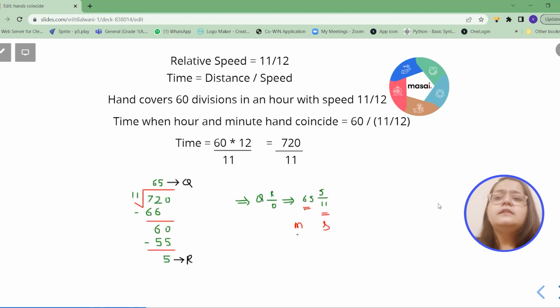Just understand a simple division that you have done since childhood. When we divide 720 by 11, we get the quotient as 65 and the remainder as 5. Whenever in these clock questions we divide in a traditional manner, the quotient is our minutes, and the remainder is our seconds. So the quotient is 65 and the remainder is 5 by 11 seconds.